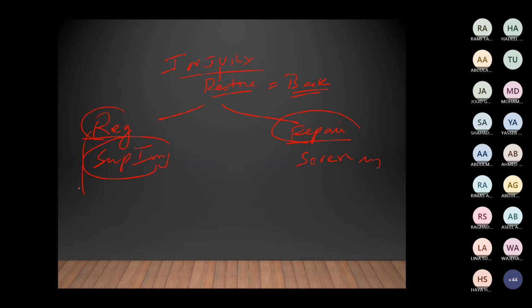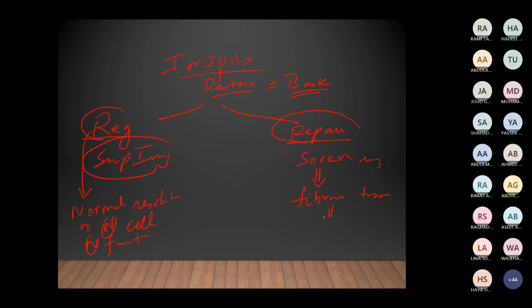Now what happens in regeneration is the normal resolution or normal cells come back, or normal function is restored. Here, in repair, what happens is the formation of fibrous tissue. Yesterday he taught you this one, and I have to tell because of understanding of fracture healing, you need this again.